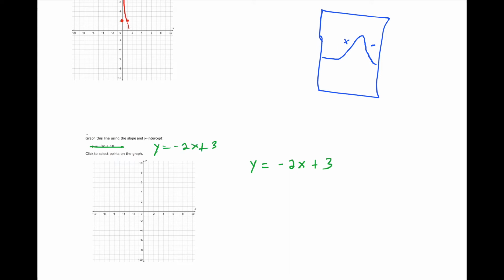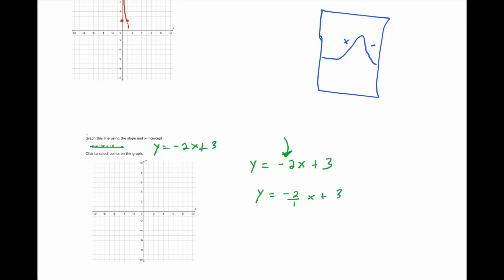Okay, so we make the negative 2 a fraction, right? So what do we make it? Negative 2 over 1 x plus 3.